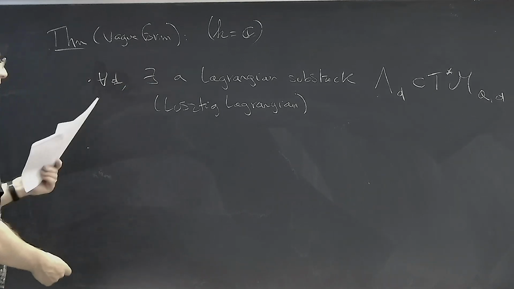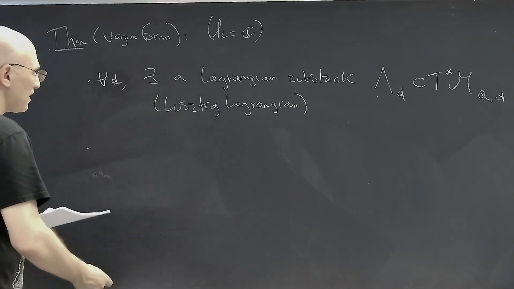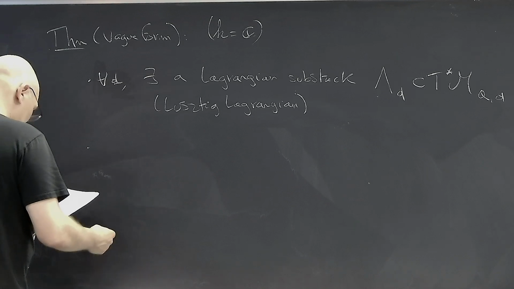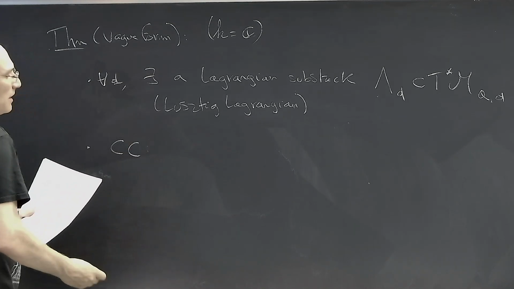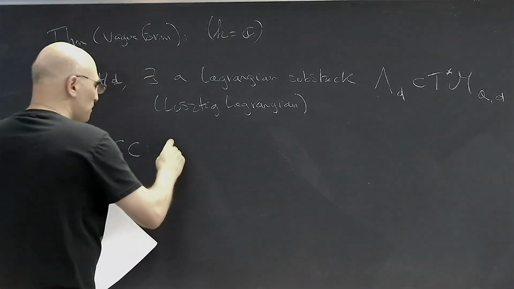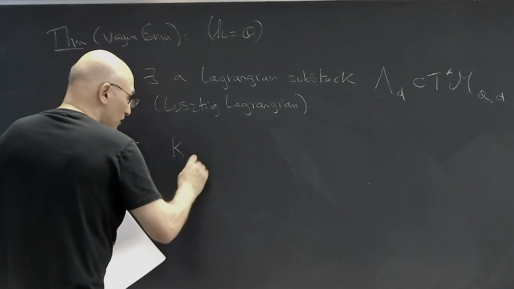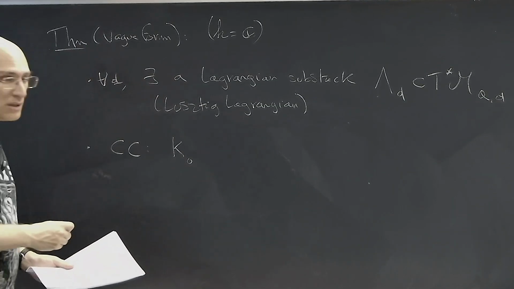Not a big theorem, but you can actually describe exactly what it is. It's very nice. And then the characteristic cycle map is an isomorphism between the usual Grothendieck group, now not the graded one.